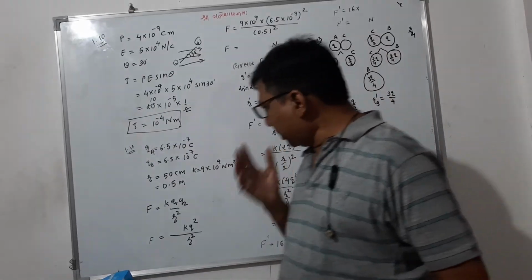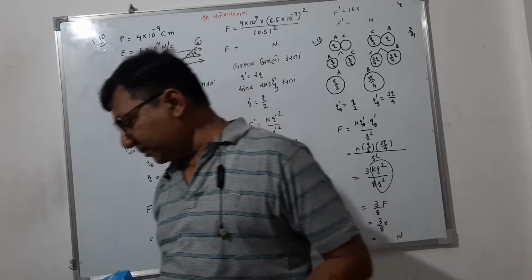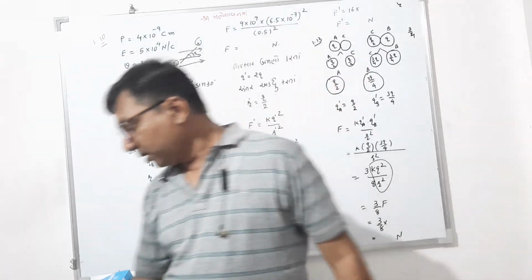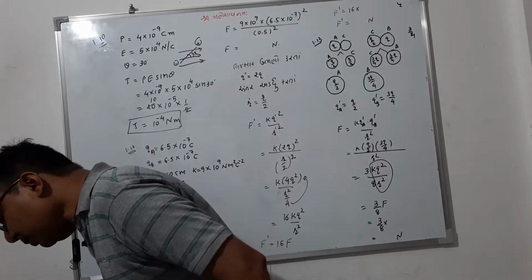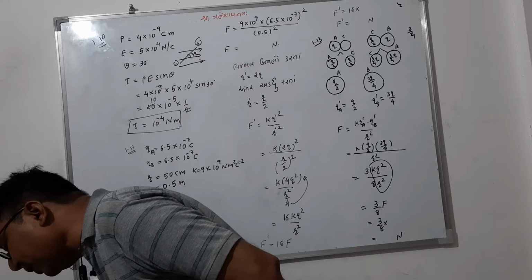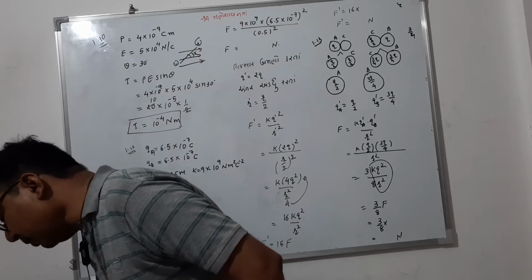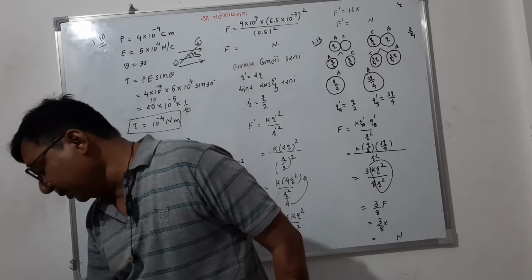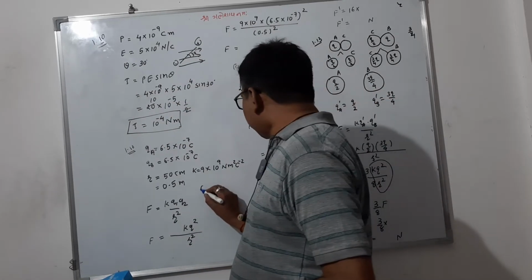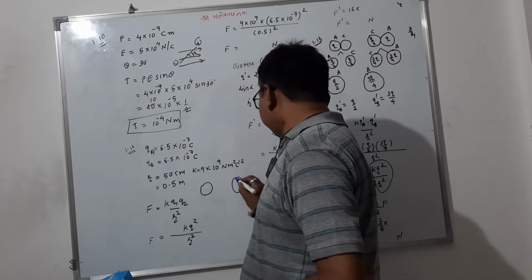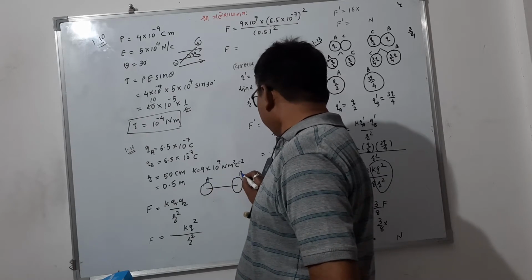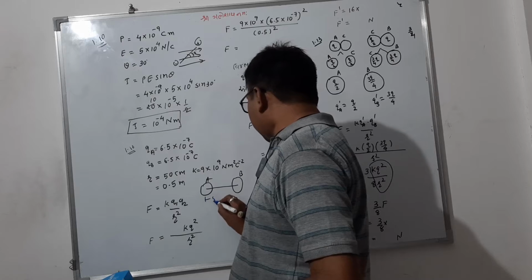Now example number 1.12, because 1.11 was already done. Two copper spheres are given, A and B, and the distance between the two spheres from their centers, this is A and this is B, is 50 centimeter.